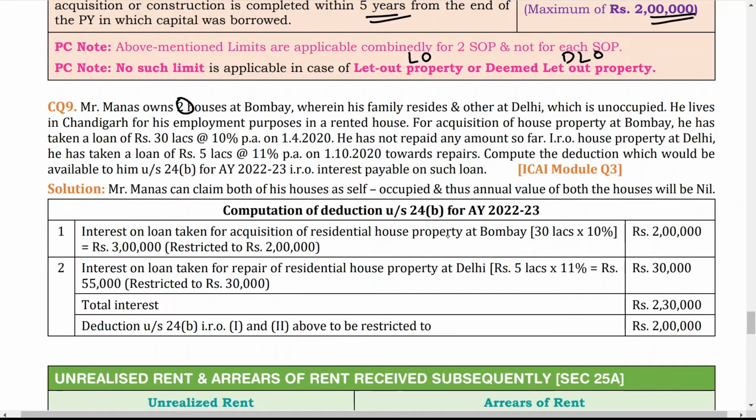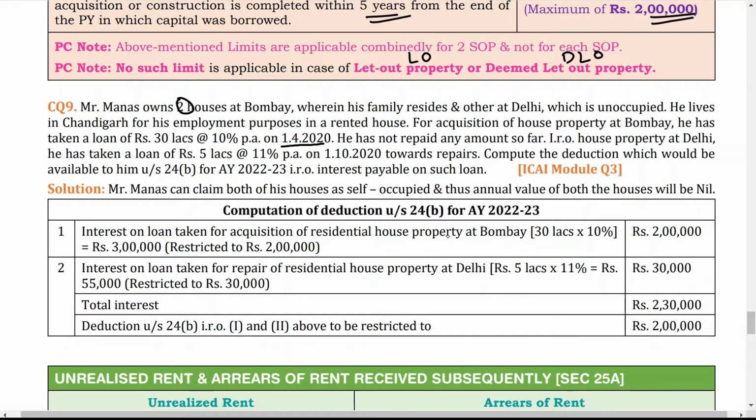So he has two houses, one at Bombay and one at Delhi, but he lives in Chandigarh in a rented house. For acquisition of the house property at Bombay, he has taken a loan of 30 lakh at 10% per annum on 1/4/2020. He has not repaid any amount so far.